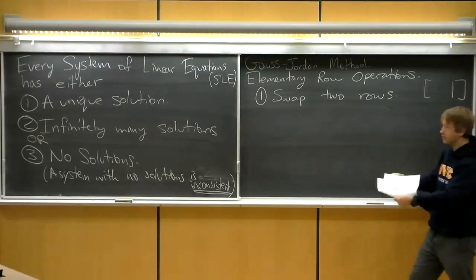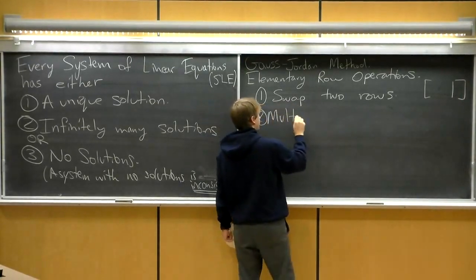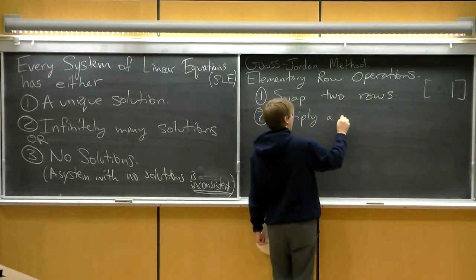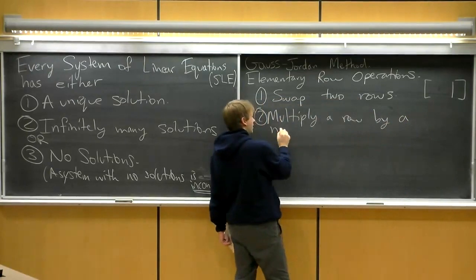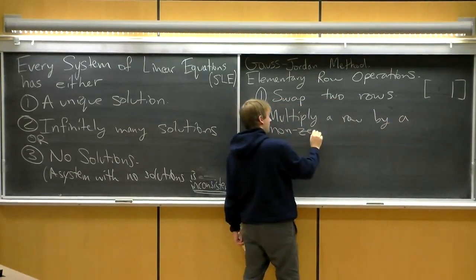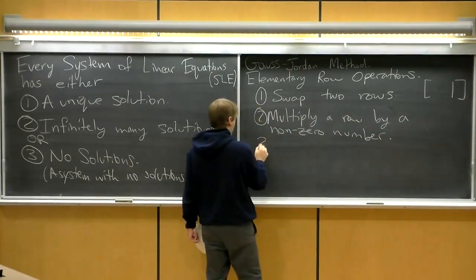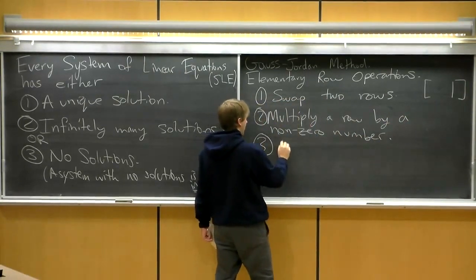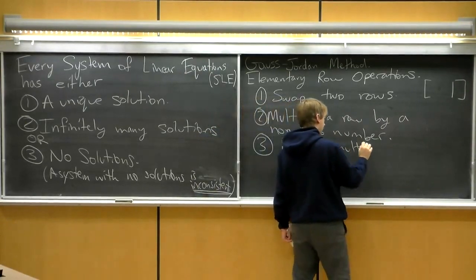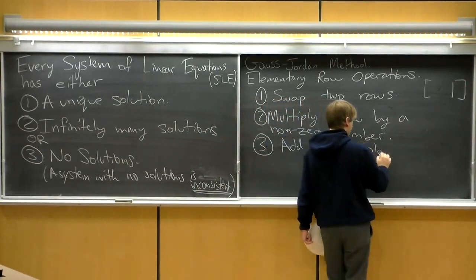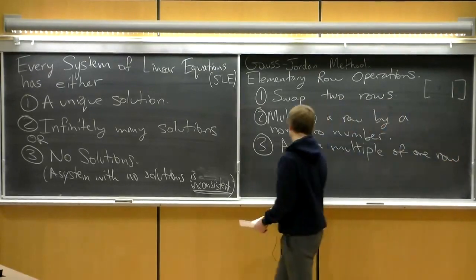What you're allowed to do is swap two rows, multiply a row by a non-zero number, and the third thing you're allowed to do is add a multiple of one row to another.